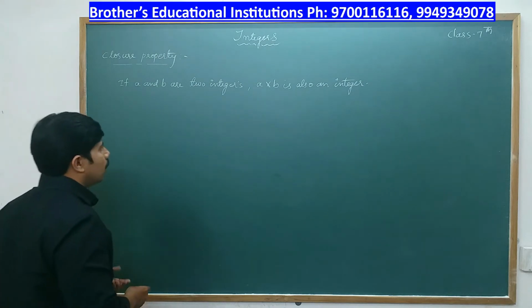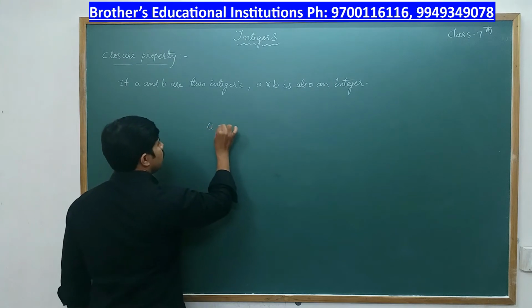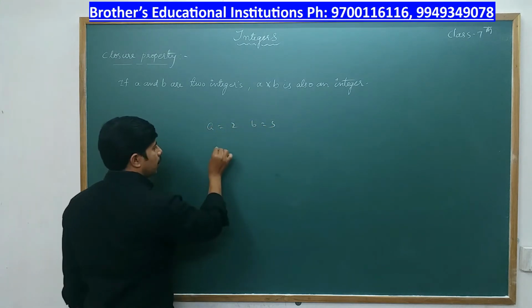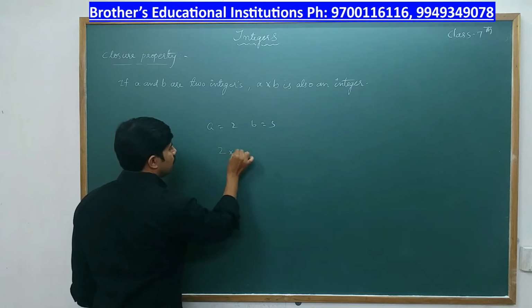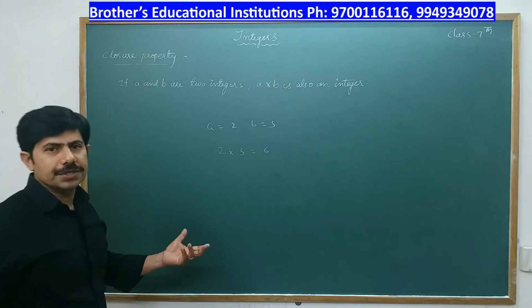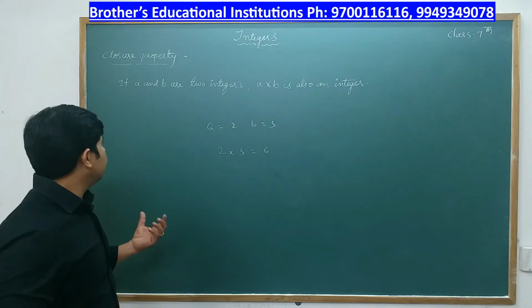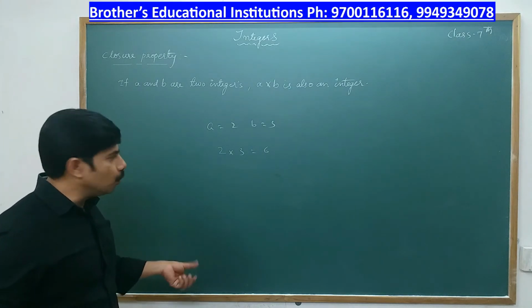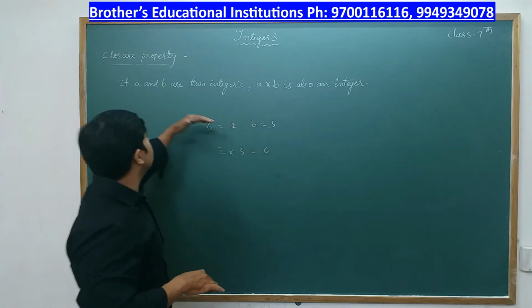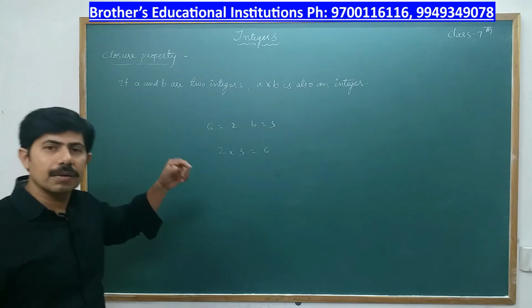So assume any two integers, either positive or negative, and just multiply those two. 2 into 3 is 6. 6 is also an integer. So this comes under closure property under multiplication.